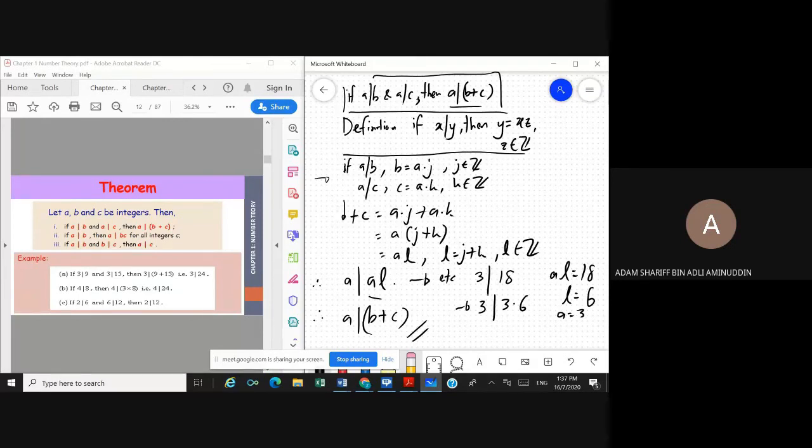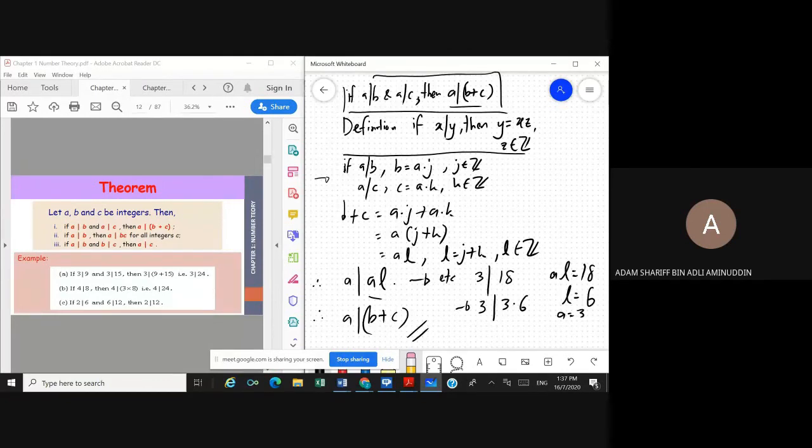By using the definition of divisibility, B equals AJ, C equals AK, then I sum up. The idea is I sum the B plus C, and this B plus C can be made equal as the product between A and L. And as A is a factor of the multiple of A, which is AL, this AL is equivalent to B plus C. The proof is complete.